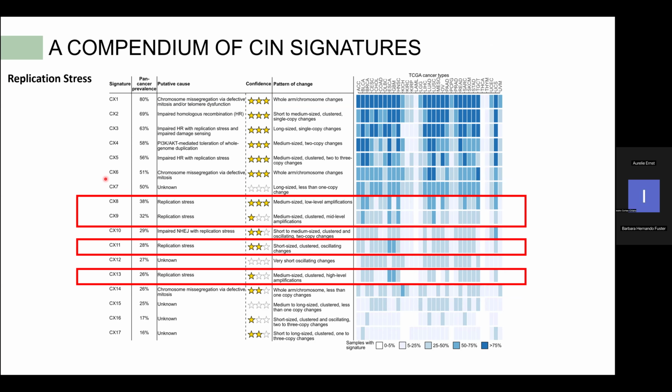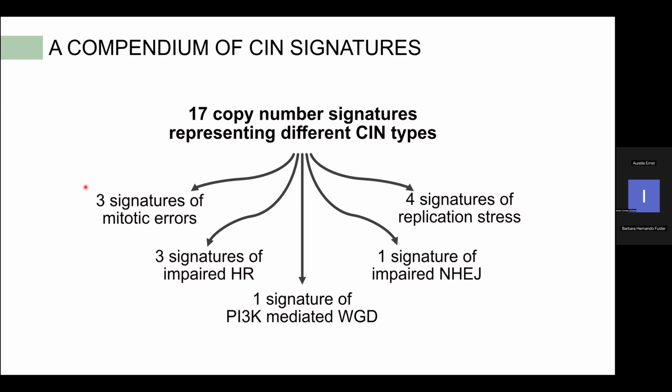And in fact, replication stress is one of the major causes of copy number alterations. And we see replication stress linked to several of our signatures. And this is just a summary of our compendium of copy number signatures, and which are the different pathways that are linked to them. So these signatures represent different types of chromosomal instability.